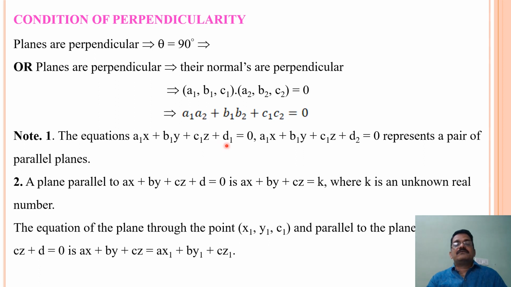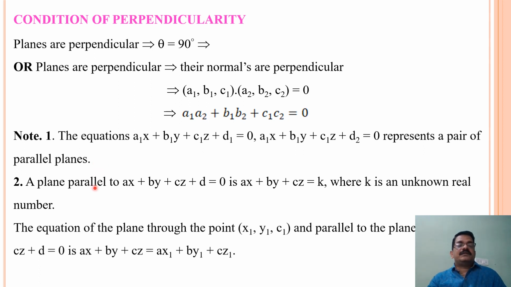We can observe the constants D1, D2 are different. Remaining x coefficient, y coefficient, z coefficients are same. That is A1x plus B1y plus C1z plus D1 is equal to 0, A1x plus B1y plus C1z plus D2 is equal to 0 represent a pair of parallel planes.